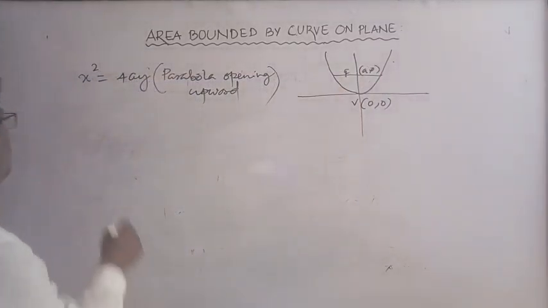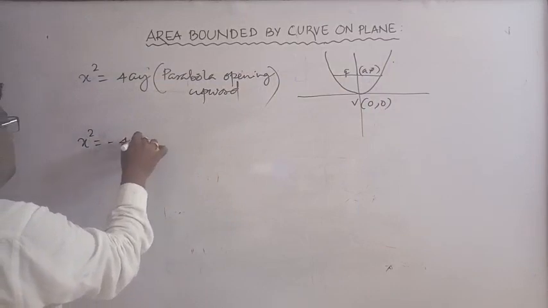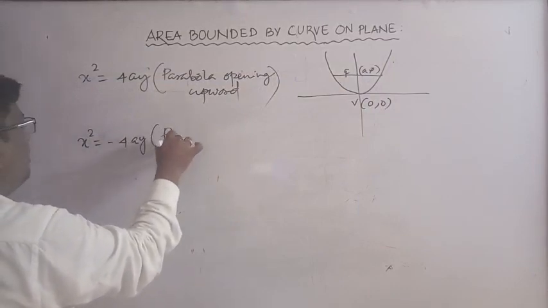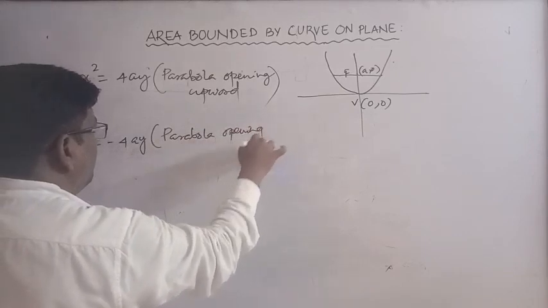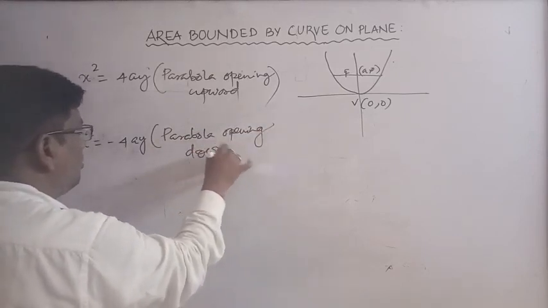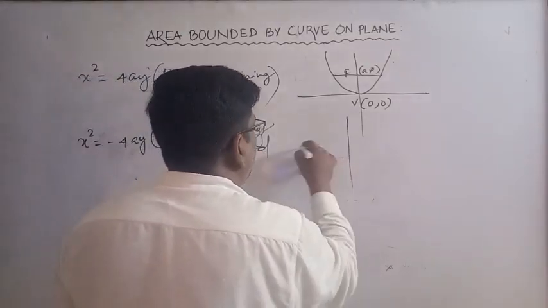Now x square is equal to minus 4ay, a parabola opening downward, and the graph is like this.